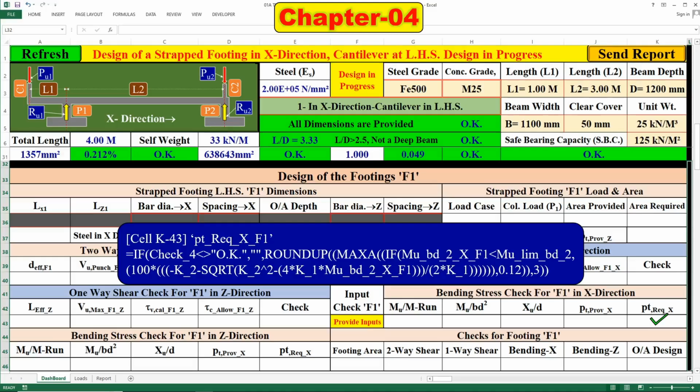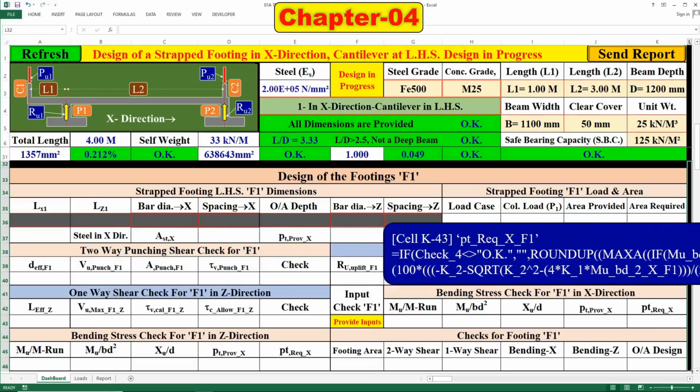It then compares this calculated number with 0.12, which is the minimum percentage of steel required to counter minimum bending stress, using the MAXA function. Finally, Excel rounds up the resulting value to 3 decimal places.